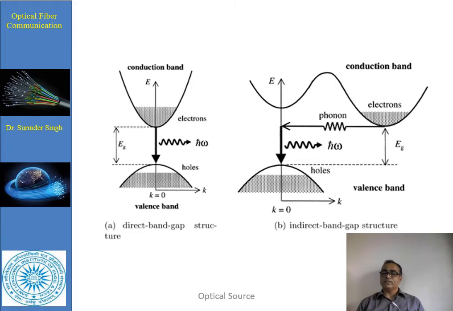So semiconductor devices are generally fabricated by starting with a crystalline substrate that provides mechanical strength to the device and is used for making electrical contact.